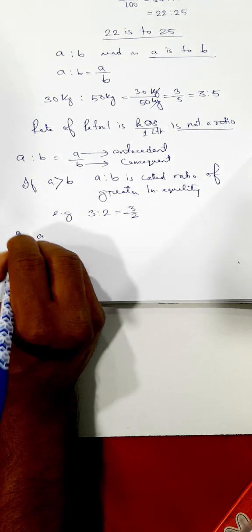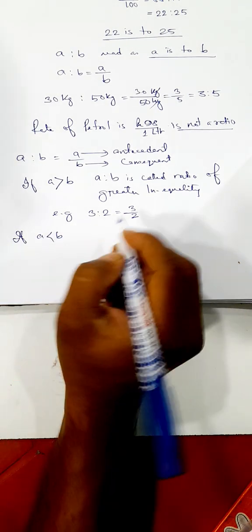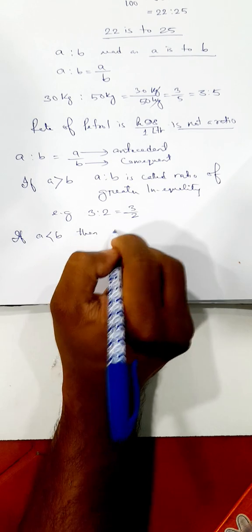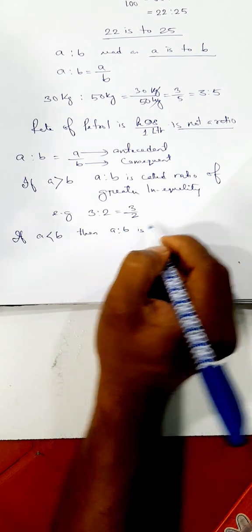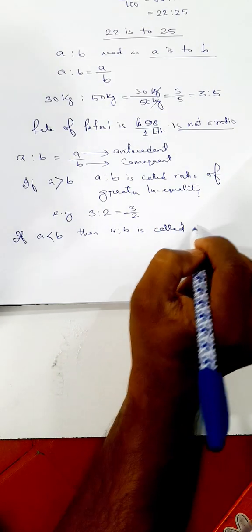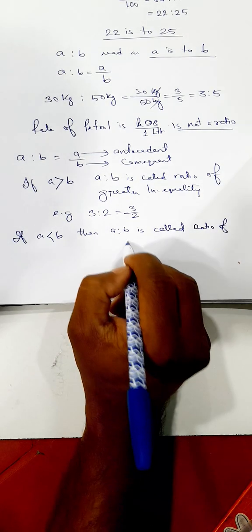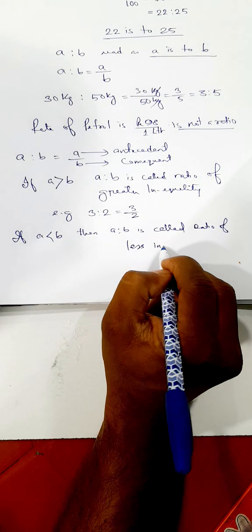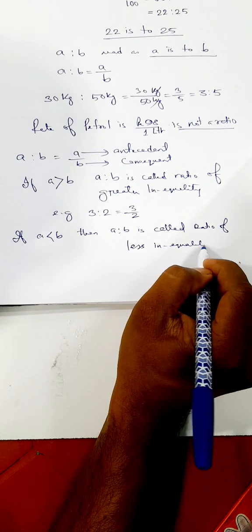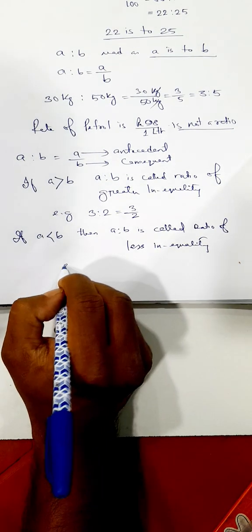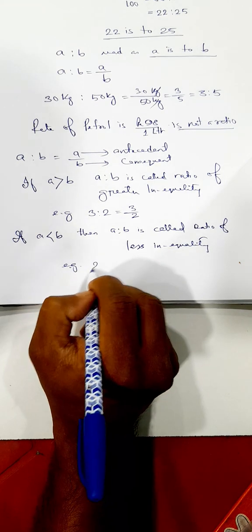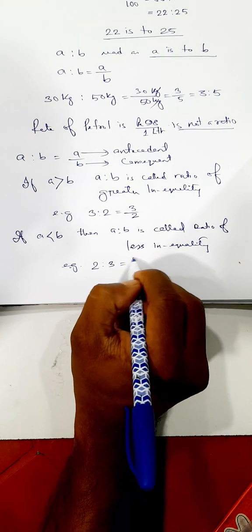If A less than B, then A is to B is called ratio of less inequality. For example, say 2 is to 3 or 2 by 3.